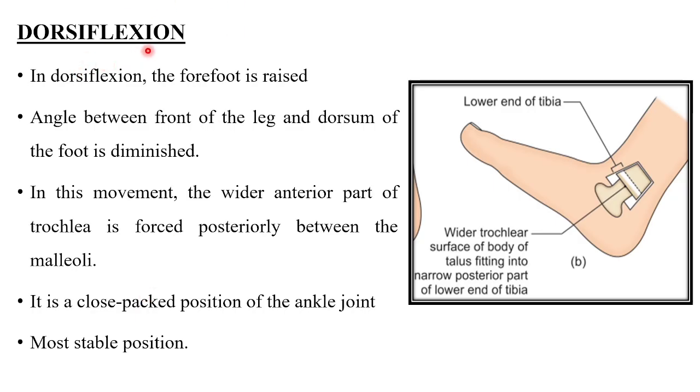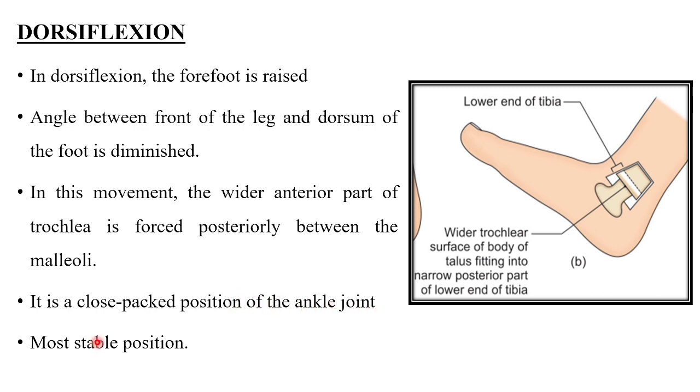Coming to the dorsiflexion, we will explain it in detail. In dorsiflexion, the forefoot is raised and the angle between the front of the leg and dorsum of the foot is diminished. In this movement, the wider anterior part of the trochlea is forced posteriorly between the malleoli, and it is the close packed position of the ankle joint with maximum congruence of the articular surfaces and tension of the ligaments.